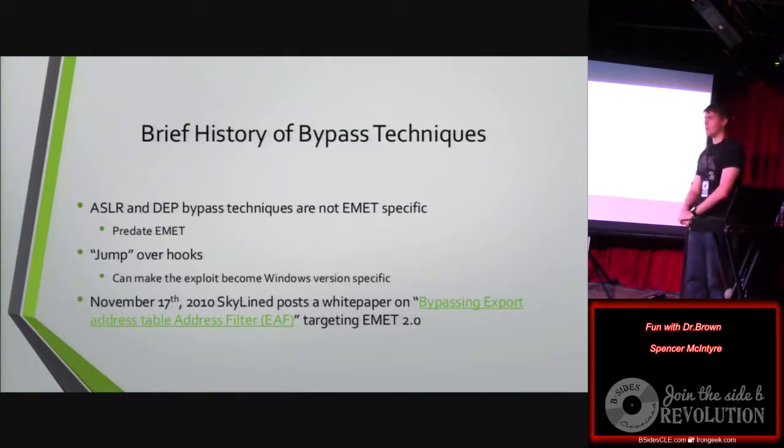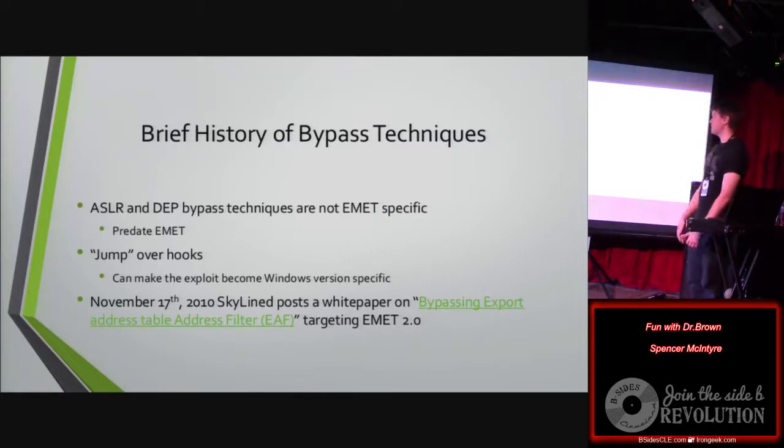All right, so bypasses for EMET are not a new thing. They've been around for a while. So the first one up is ASLR and DEP bypasses. Currently, the most common techniques are, if you want to bypass ASLR, pick a module that's not ASLR. It's pretty easy. So you really just need one. The more that you have available, you can use those.